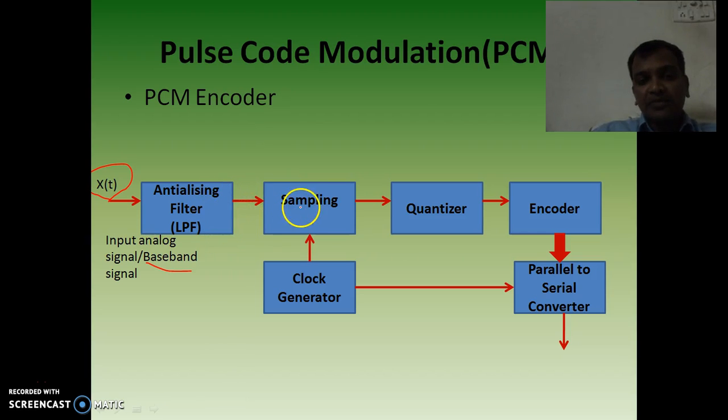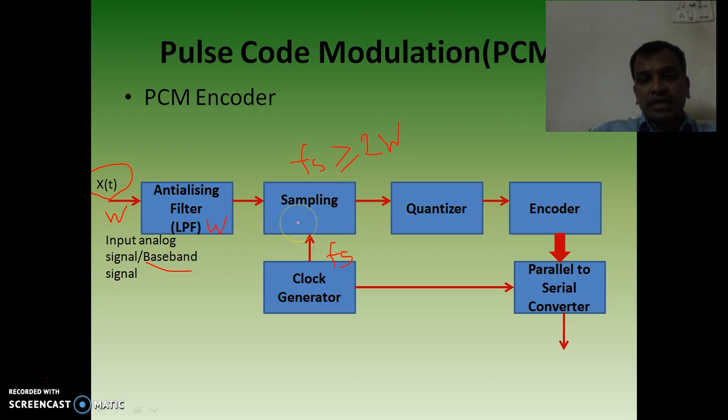By knowing the maximum frequency, we can decide the sampling frequency that we are applying here, denoted as Fs. According to the Nyquist rate, Fs happens to be greater than or equal to twice omega, where omega is nothing but the max frequency of the input signal, or you can decide the cutoff frequency of the low pass filter.